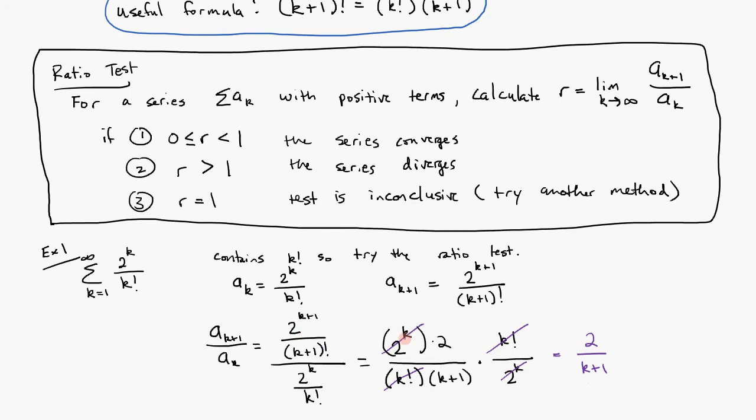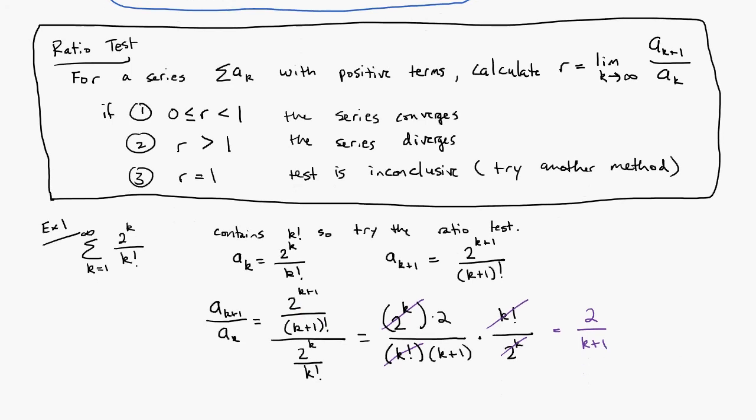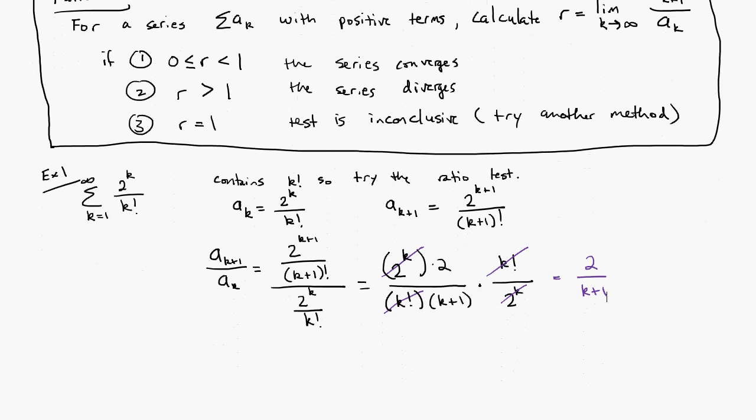Okay, so now I can compute the limit. r is the limit as k goes to infinity of a k plus 1 over a k. We just computed this ratio as 2 over k plus 1. As k goes to infinity, the denominator gets bigger, so this whole thing goes to 0.